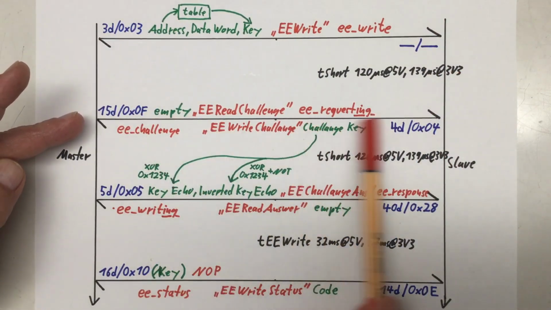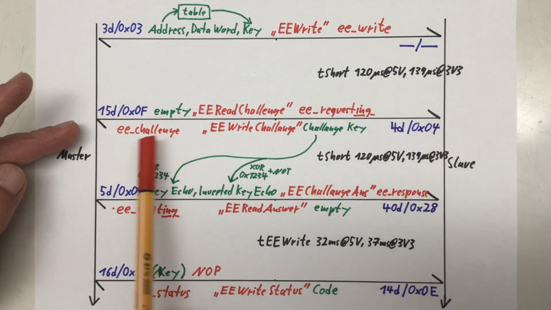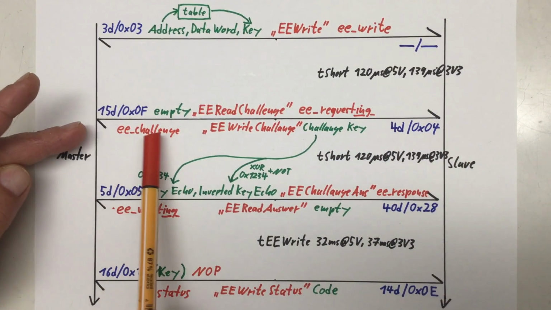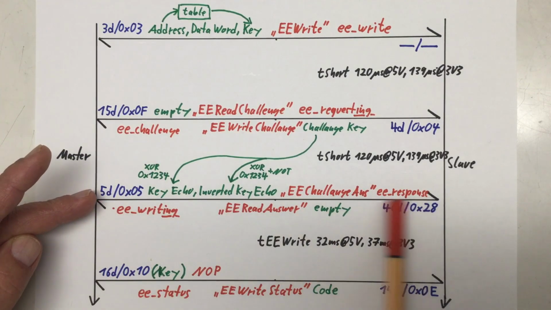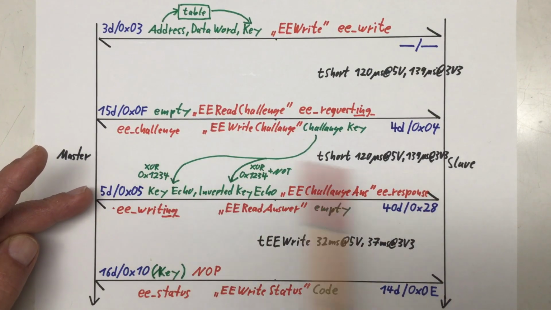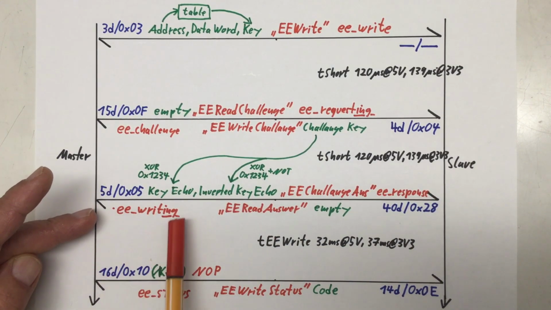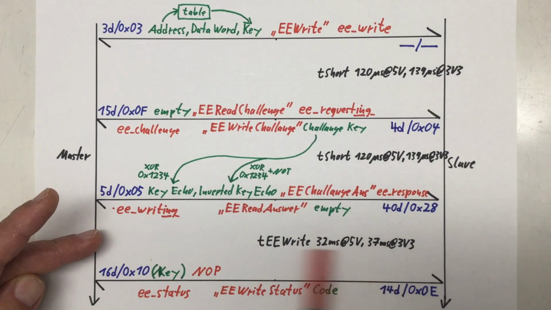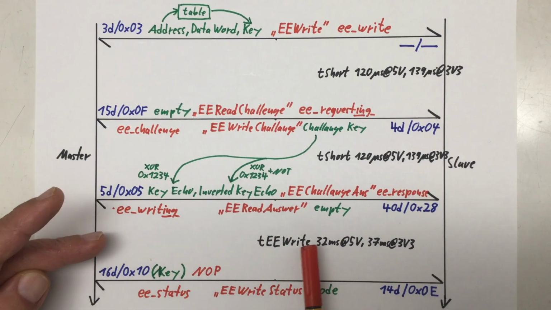Next, we send an EERequesting message to our slave and we get back an EEChallenge message. In the third transaction, we send over the EEResponse message to that challenge to the slave and we get back an EEWriting. Then we wait quite long because now the EEPROM is actually written to.